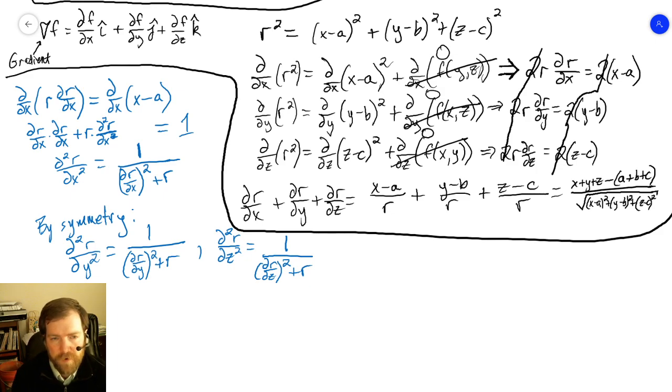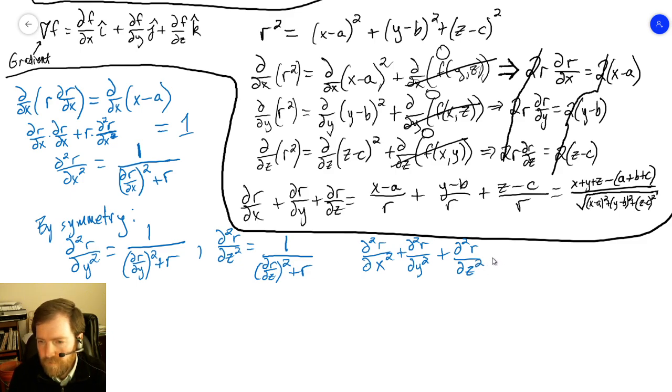So if we take the sum of those, this is going to be the second partial of r with respect to x plus the second partial of r with respect to y twice, plus the second partial of r with respect to z twice. It's going to be equal to those fractions.